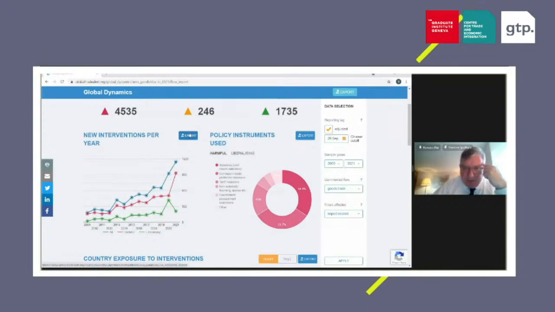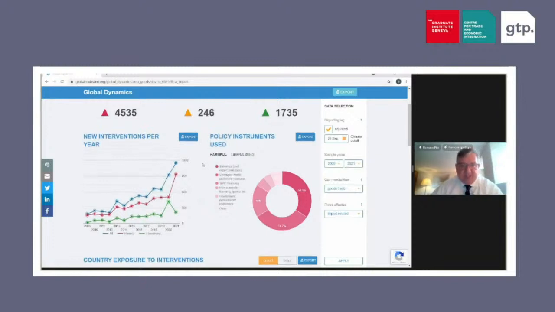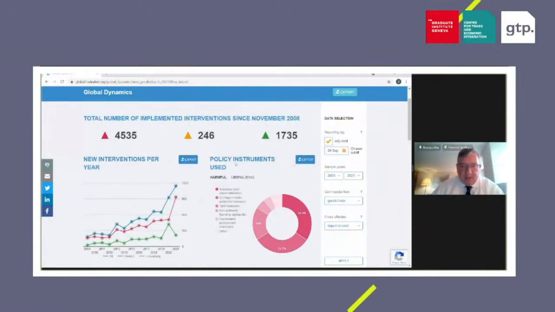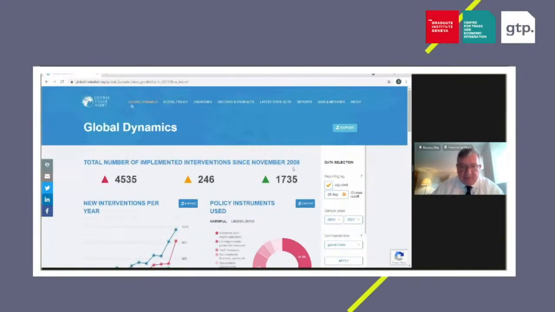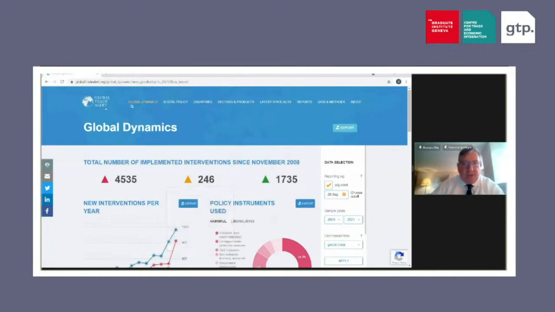There are export buttons all over these pages deliberately, to enable you to extract information from each different chart that is produced. So on global dynamics, that's all I would like to say.